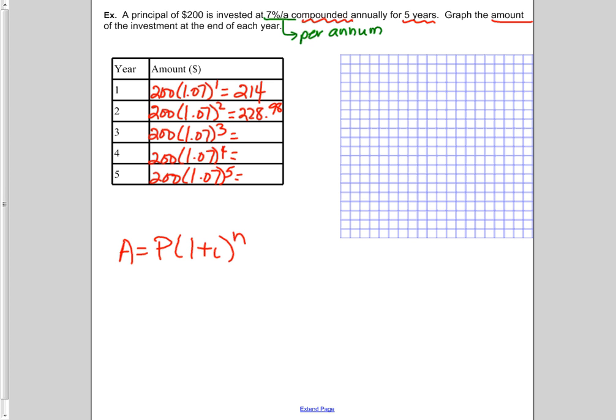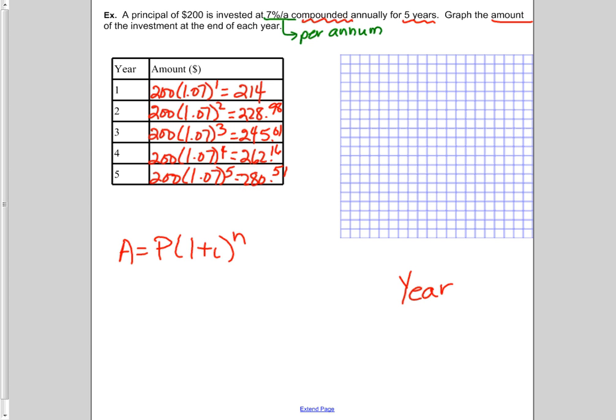Okay, let's type these into our calculator. $245.01, $262.16, $280.51. Let's graph this. So our independent is the number of years.